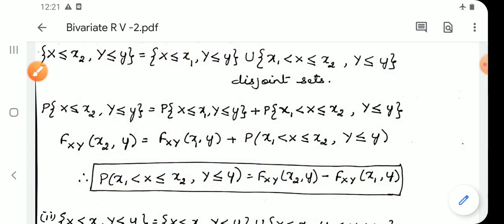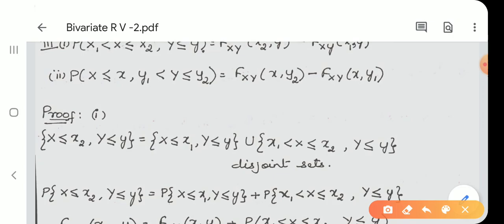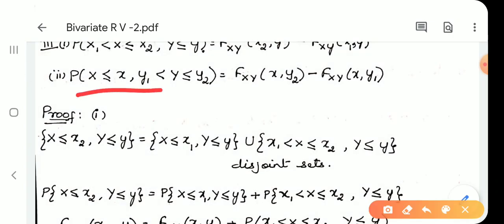Similarly now let us prove the second point in this, that is P of X less than or equal to x, comma y1 less than Y less than or equal to y2 is equal to F_XY of x comma y2 minus F_XY of x comma y1.